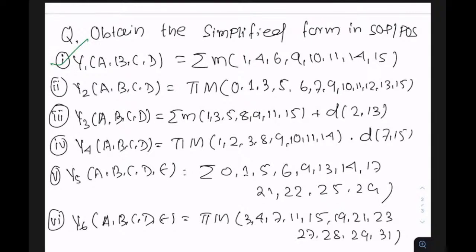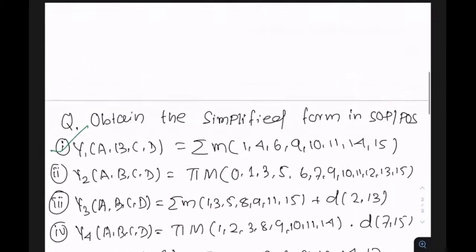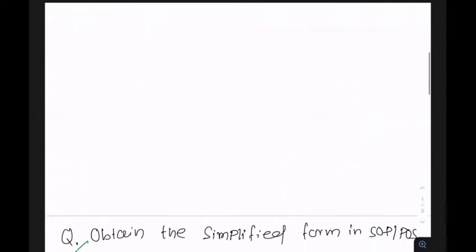Somya, Mayank, Renu, Advi, Pusan, you have different answers. Let's see. First of all, it's a 4 variable case, isn't it?